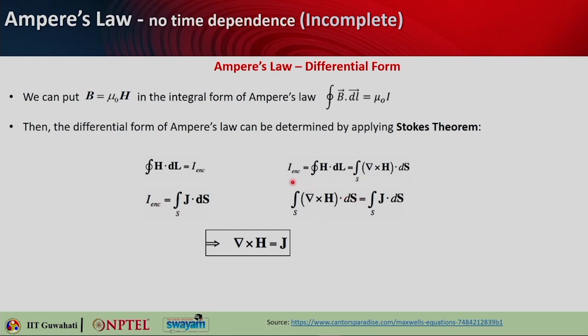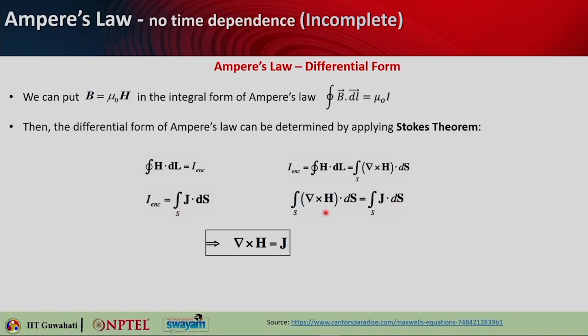So the line integral of H dot dl can be converted into a surface integral by taking the curl of H. This equation can now be equated to the surface integral for the current. Here you have a surface integral, and here also you have a surface integral.